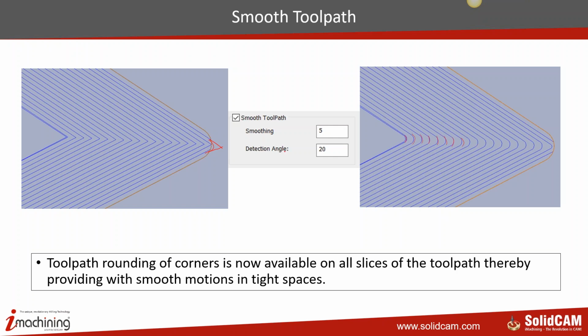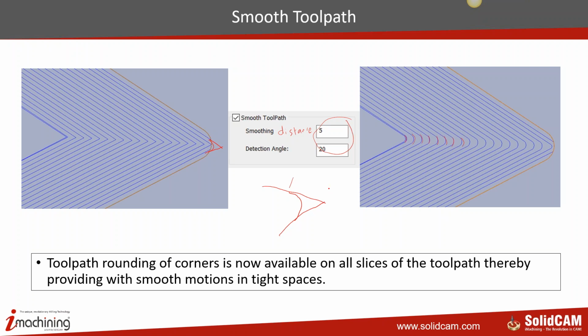Okay, so in this case, there are two parameters. One is the smoothing, basically, this would be called as a smoothing distance. And then you have got the detection angle. Now, what is smoothing distance? For example, if I have a toolpath that's something like this, and when it smoothens out, it puts an arc this way.